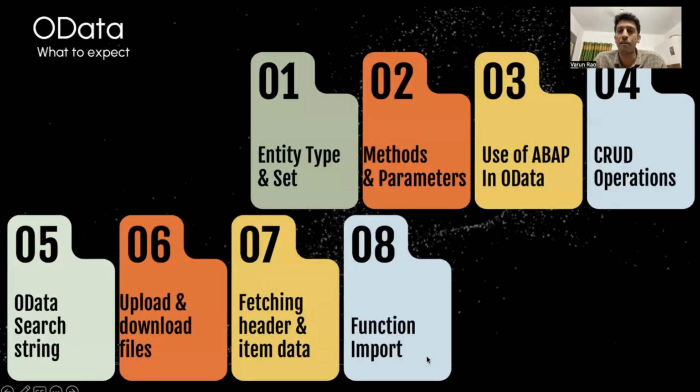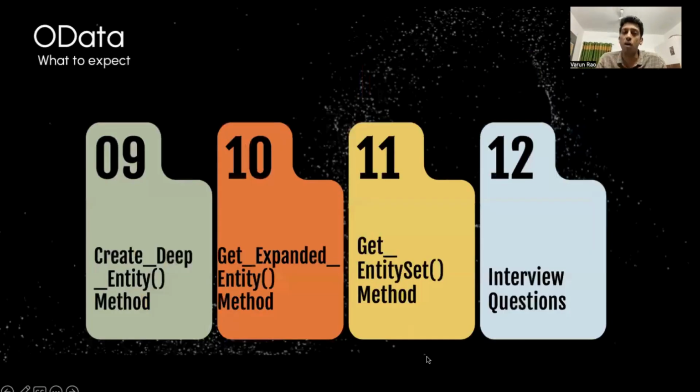Then you have function import, followed by the create deep entity method, get expanded entity method, and get entity set method. Now, these three are used when you have multiple entities within an entity. So it's basically a parent-child reference.